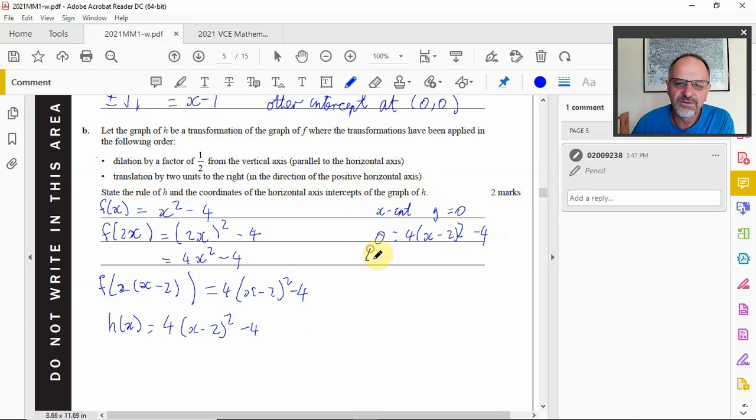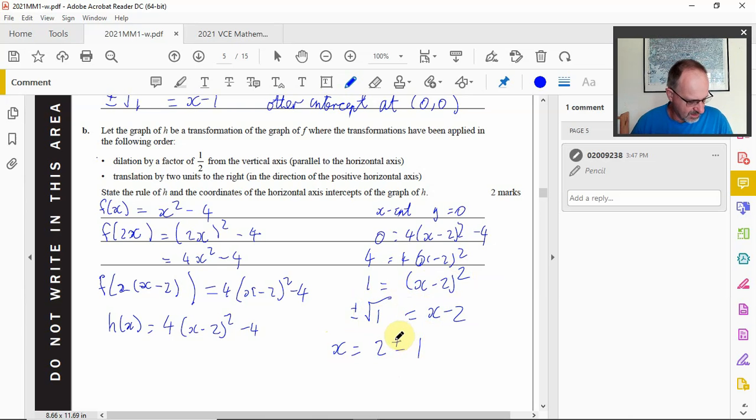Going to add 4 to both sides. Divide by 4. Take the square root, and remember as before, going to take plus or minus.